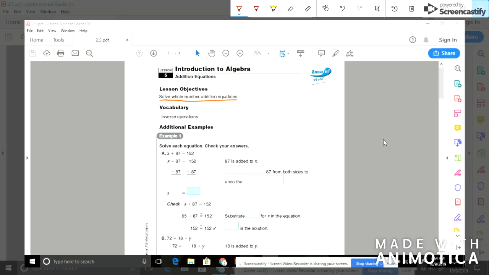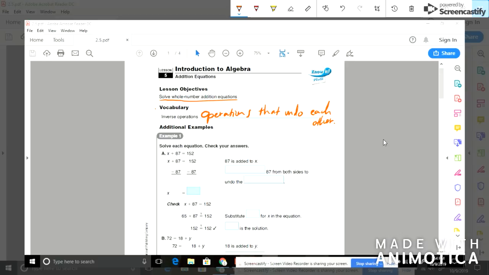All right, to start, let's discuss a little bit of vocab. Our first vocabulary word is inverse operations. Inverse operations are operations that undo each other.